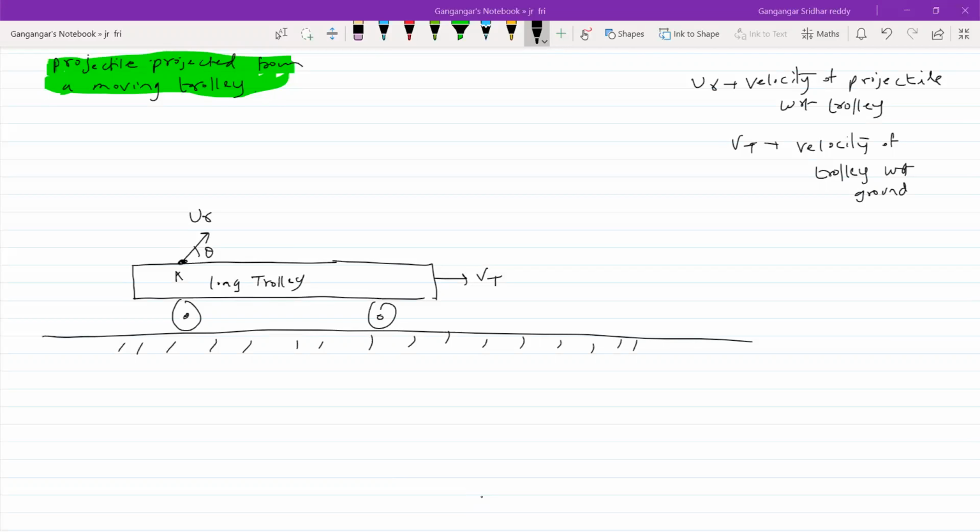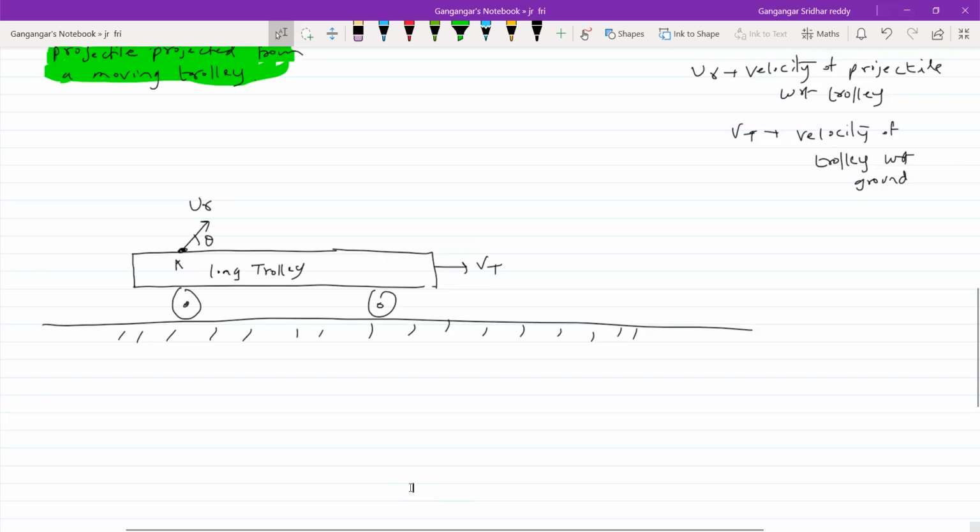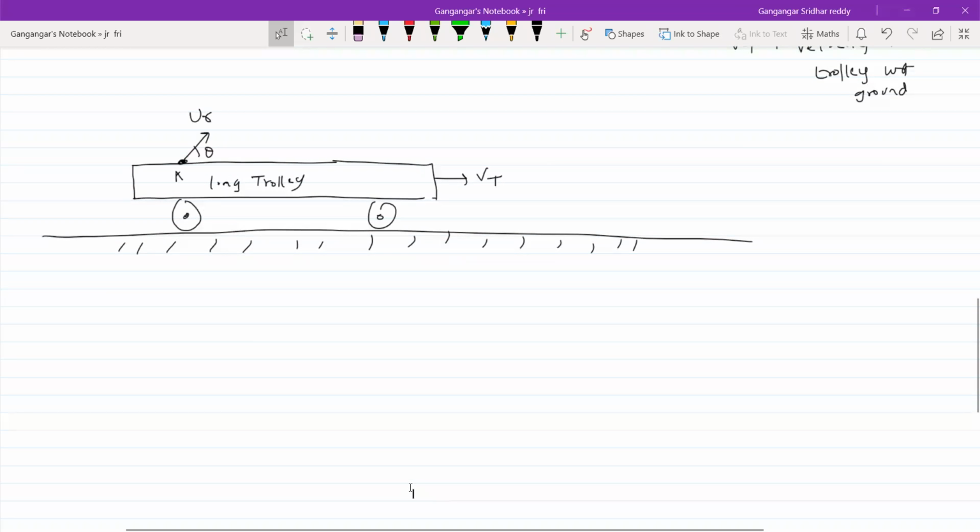Okay, I projected. So how to discuss this entire numerical? Here you resolve this motion along the x-axis and along the y-axis. The velocity of the stone with respect to trolley along x-axis should be equal to velocity of stone with respect to ground along x-axis minus velocity of trolley with respect to ground along x-axis.